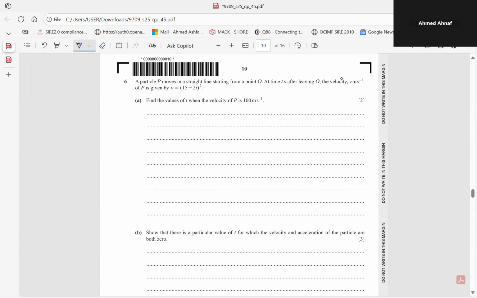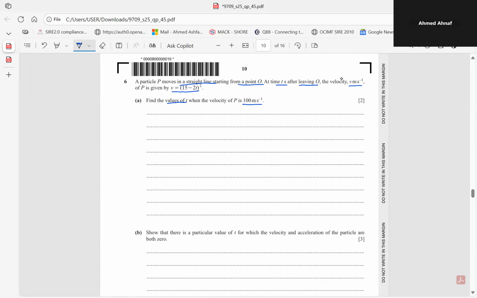Right, so for this question, we're told that a particle P moves in a straight line starting from a point O. At time t seconds after leaving O, the velocity v meters per second of P is given by this function of v in terms of t. So for the first part, we have to find the values of t when the velocity of P is 100 meters per second. So this is very straightforward.